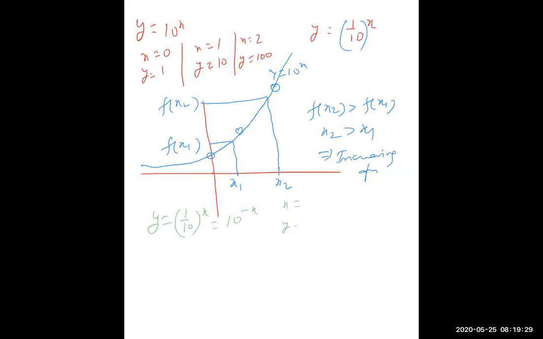Make a table of x values and y values: 0, no problem; 1, 1 upon 10; 2, 1 upon 100; minus 1, 10.